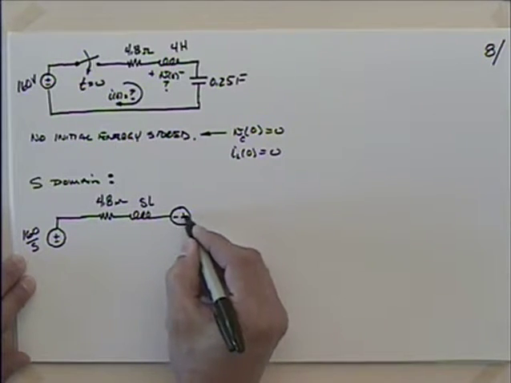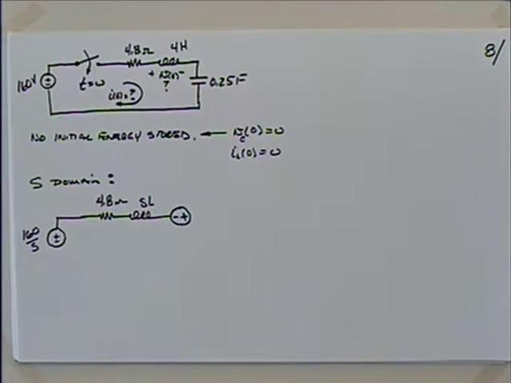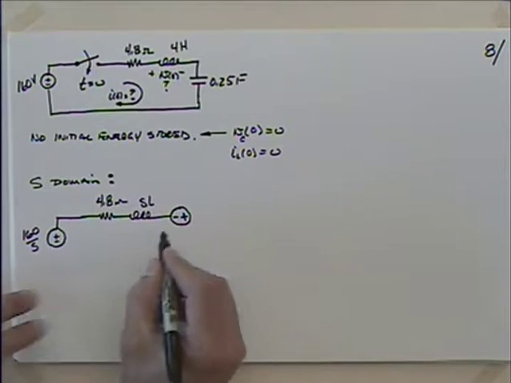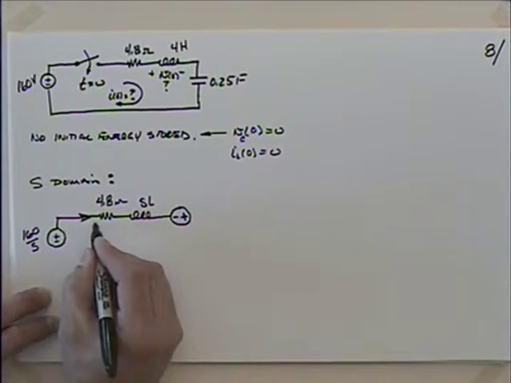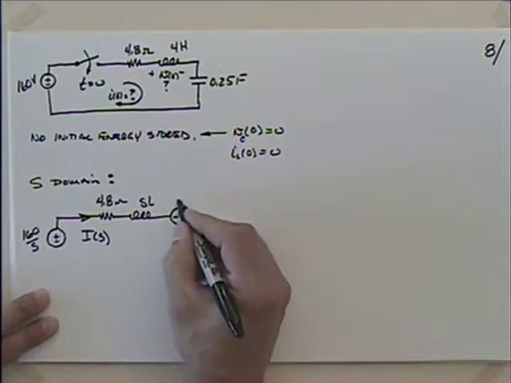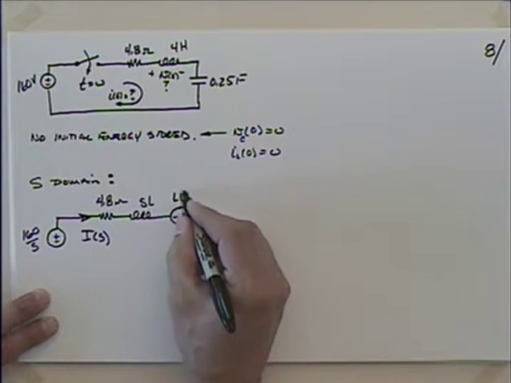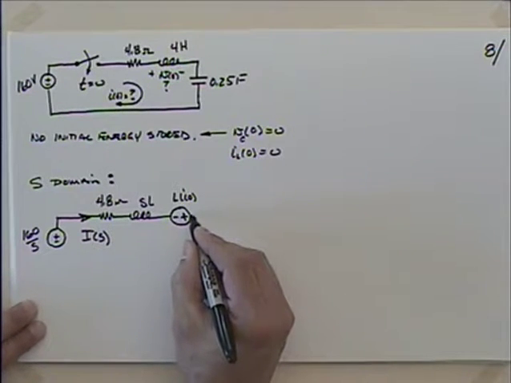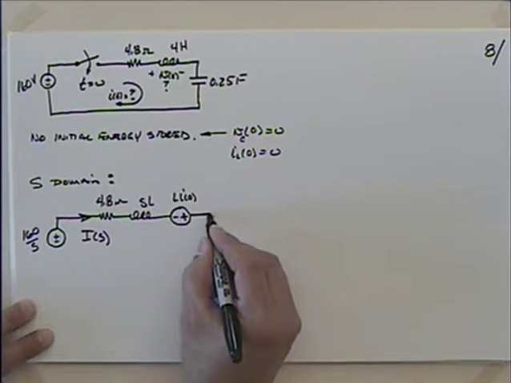The polarity is important on that. If you look at that sheet we developed at the beginning of last time's lecture, that is the correct polarity for the current going this way. Remember, this is going to be I of S. So that would be L times I at 0. It's a bit of a moot issue because that's going to go to 0.